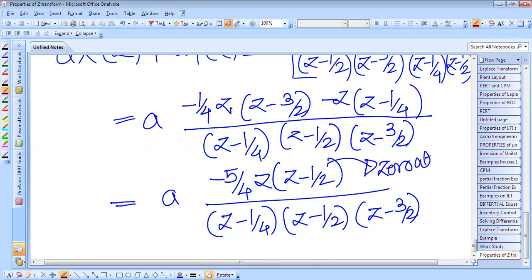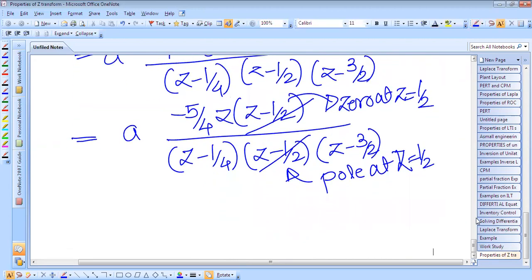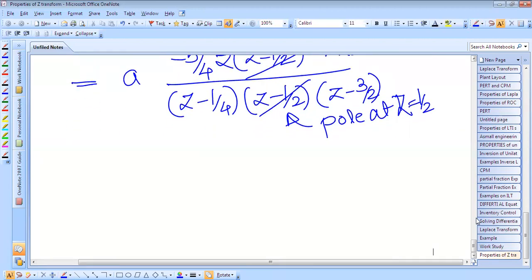The 0 at z equal to half will cancel the pole at z equal to half. Therefore, what will remain after cancellation?